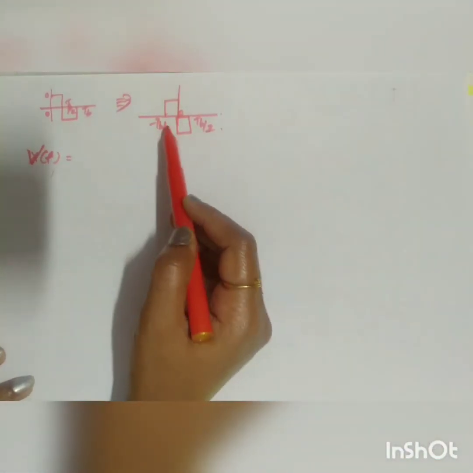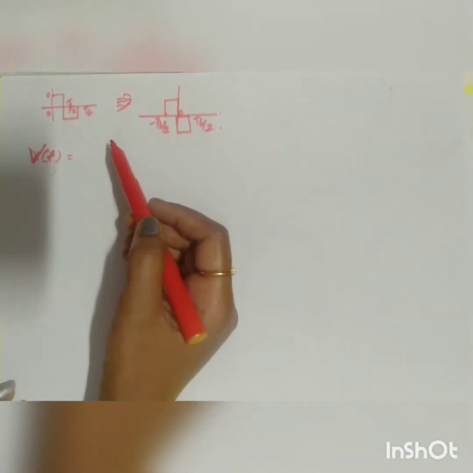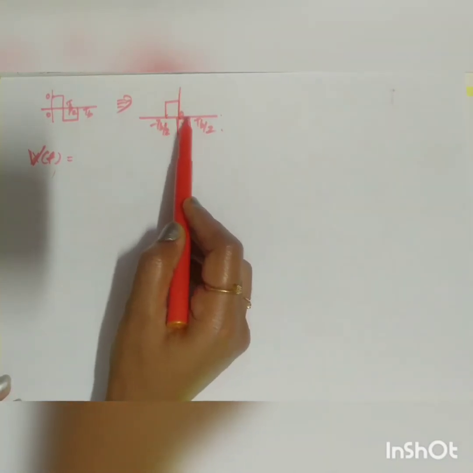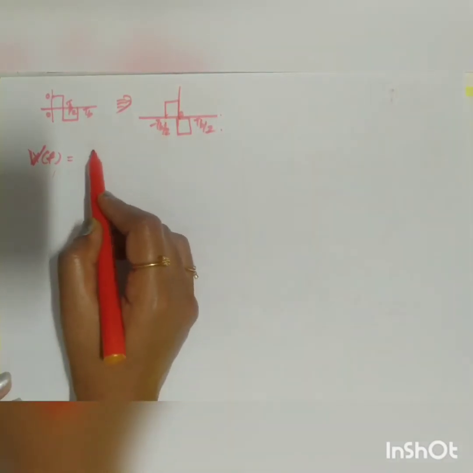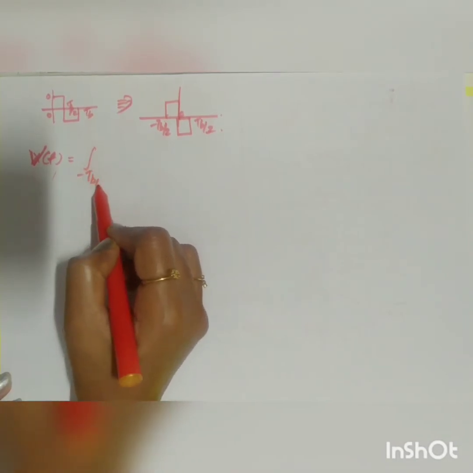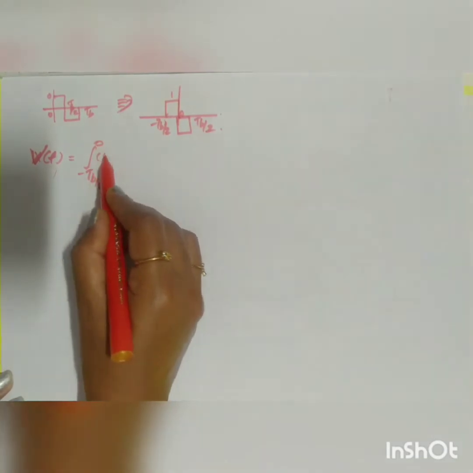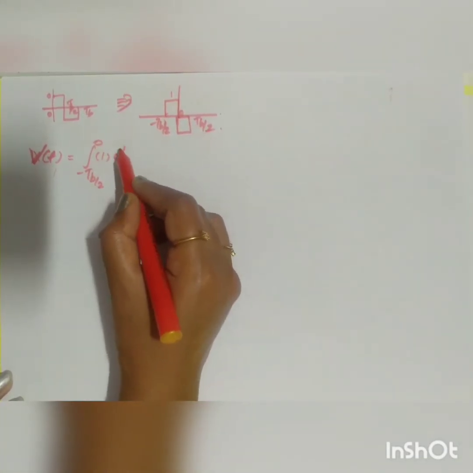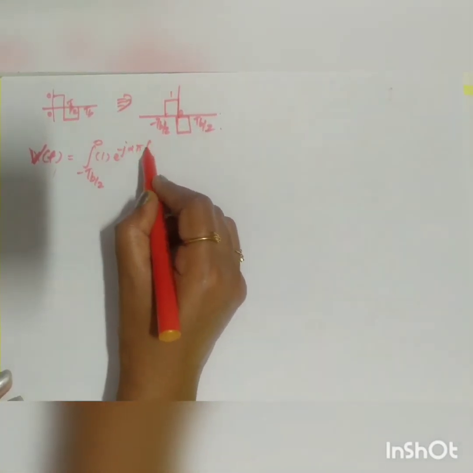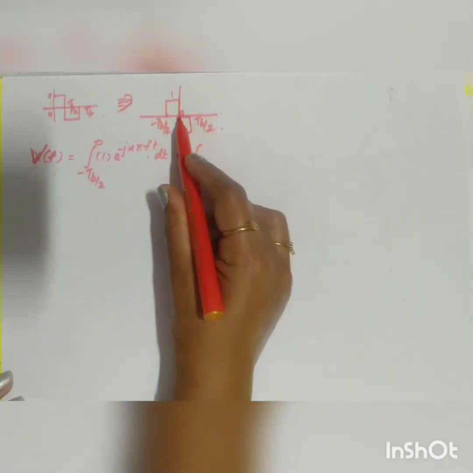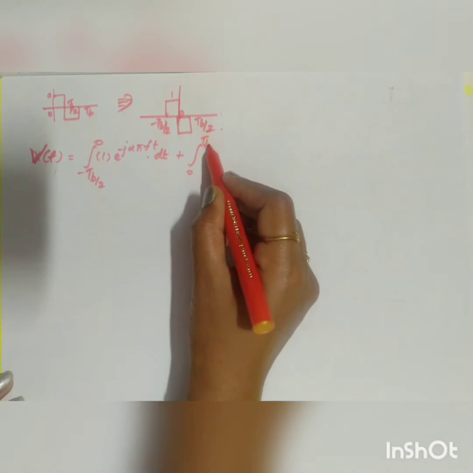So v of f will be equal to, you have two limits, right? So you know that general formula. In the general formula, now you are applying two limits. So what will be your expression? Minus tb by 2 to 0. The value is equal to 1. So 1 into e power minus j2 pi ft into dt plus, again you have 0 to tb by 2.